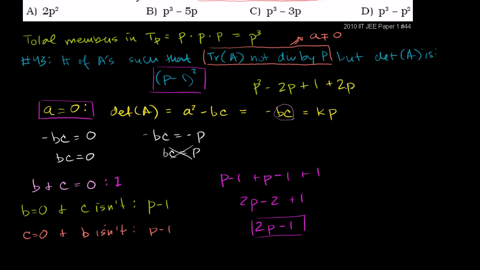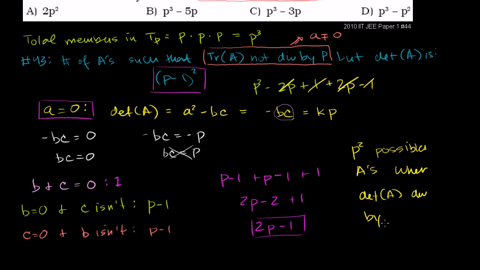So plus 2p minus 1. And what do I get? These cancel out. These cancel with that. And these guys cancel out. So there's a total of p squared possible A's where the determinant of A is divisible by p.